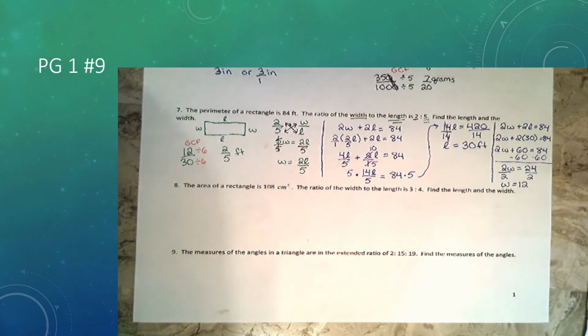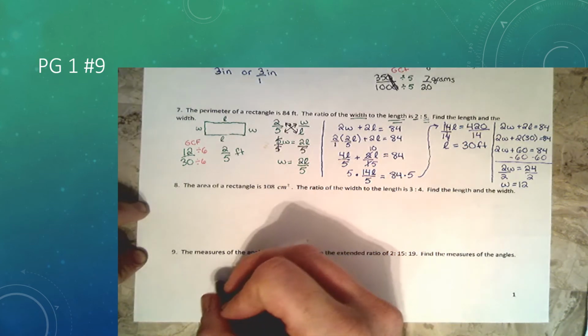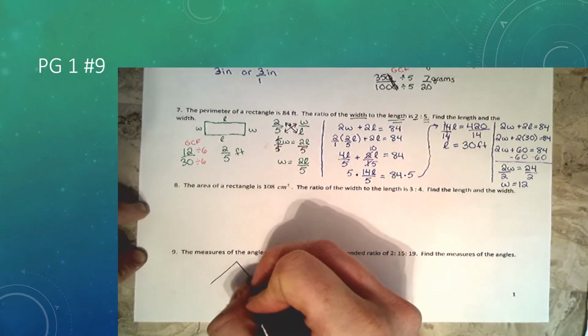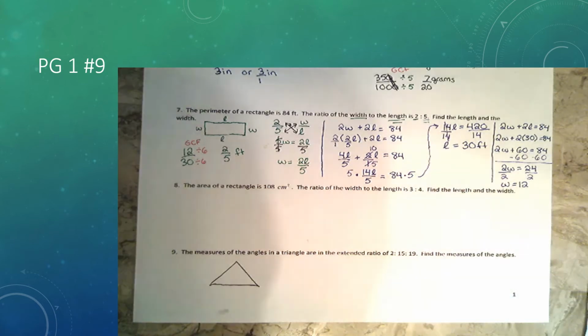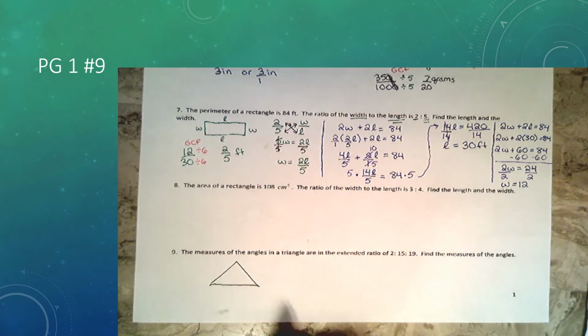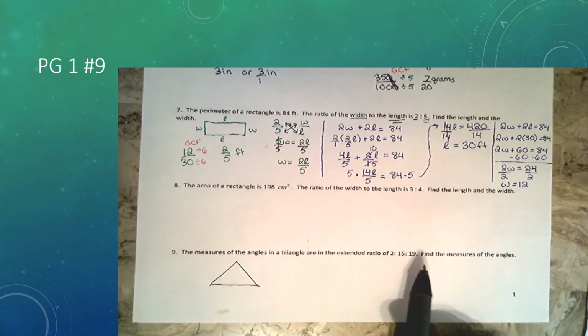Again, what I like to do is draw something. So in this case, they say we're dealing with angles in a triangle. So I'm going to go ahead and draw a triangle. Now, they say that the angles in the triangle are in the extended ratio of 2 to 15 to 19. So each of these numbers is like the equations to find the angles.